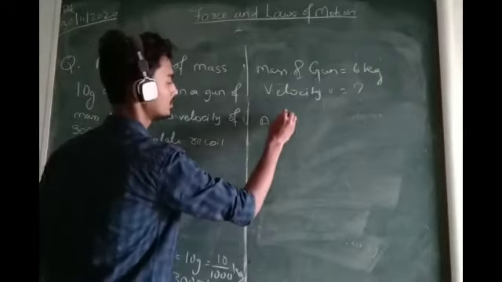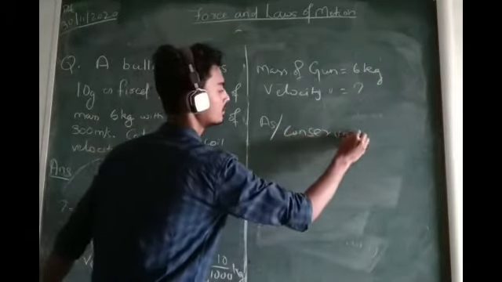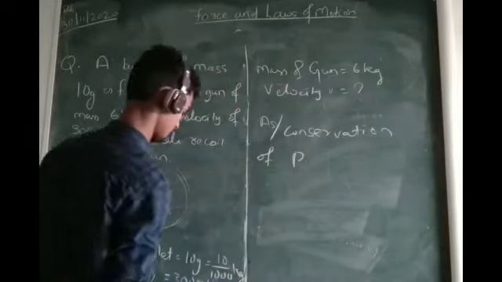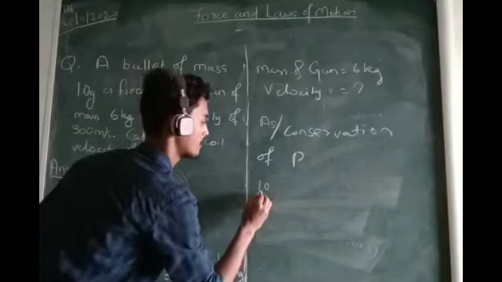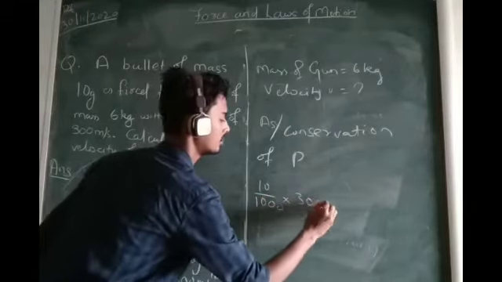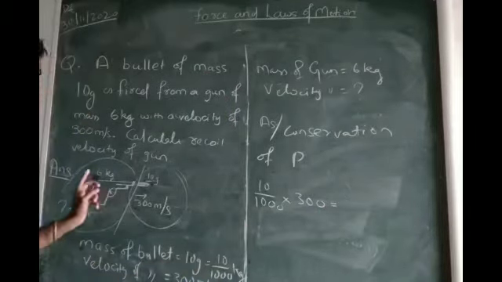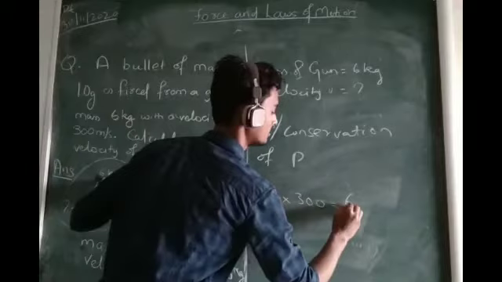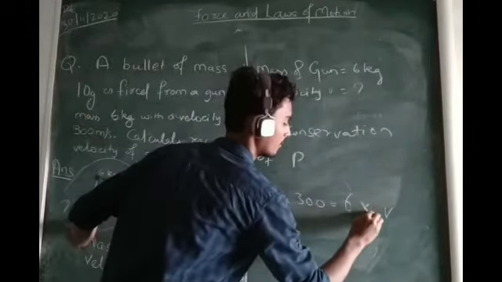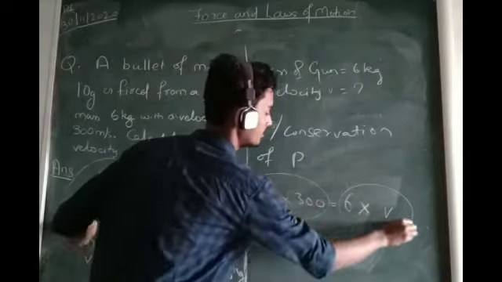So as per conservation of momentum, 10 by 1000 into 300, which is the momentum of the bullet, will be equal to mass of the gun into the recoil velocity. Momentum of the bullet will be equal to momentum of the gun.